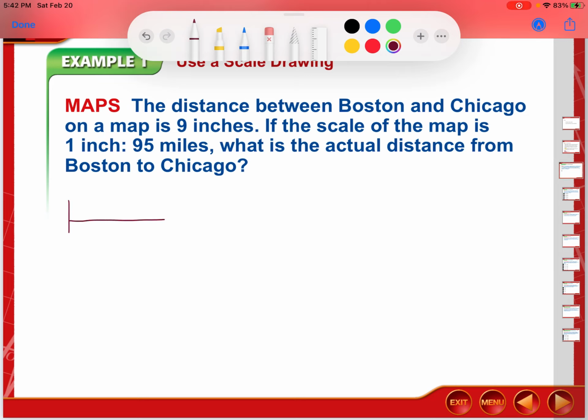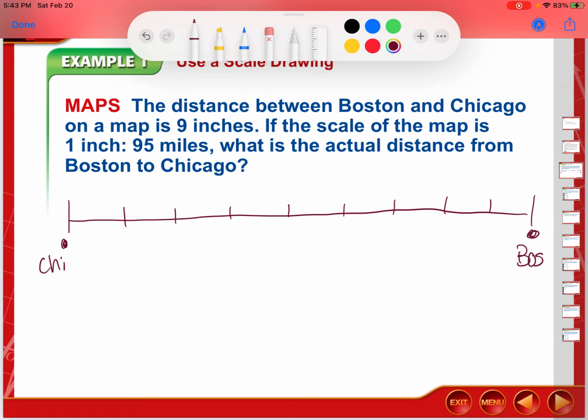So what they're saying is essentially on the map, we have 9 inches from Chicago to Boston. 1, 2, 3, 4, 5, 6, 7, 8, 9. Yeah, so 9 inches. We're going to pretend that they're all perfectly evenly spaced.